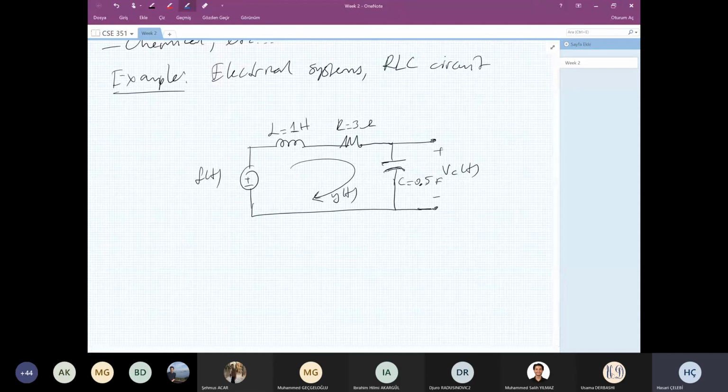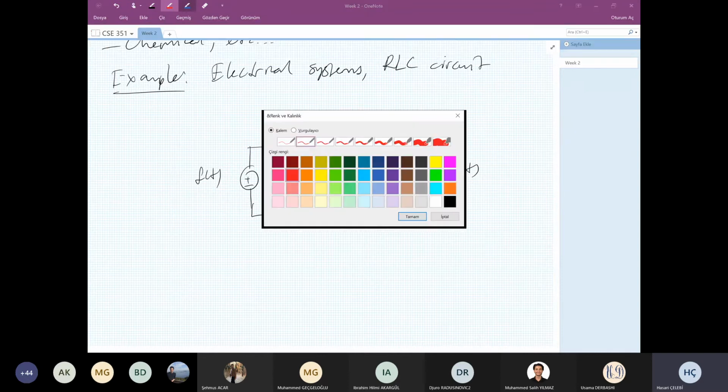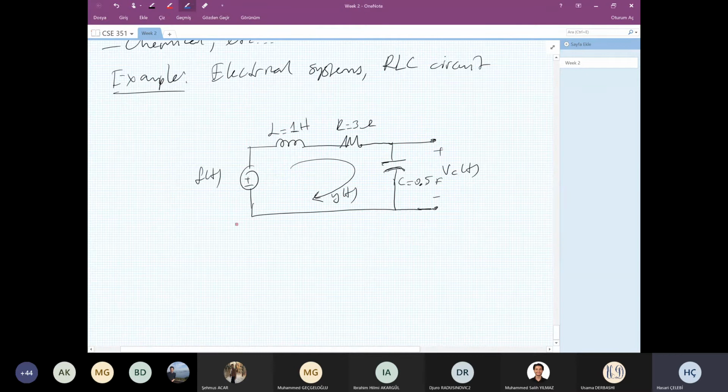Okay, this is a system where the input is f of t and the output is y of t, which is current. Right, guys? Can you see that? Think of it like a box. This is the input f of t, and this is the output that you can take from here, y of t.